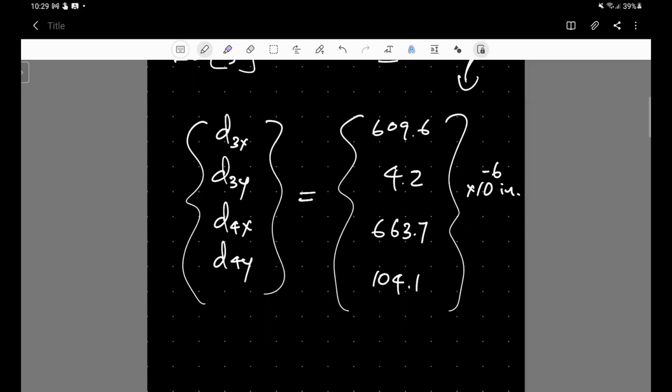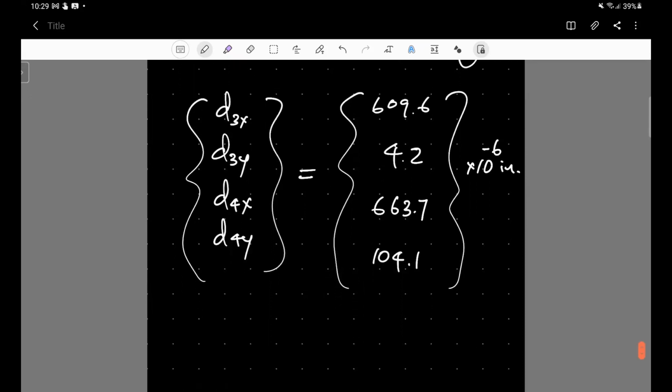So these are the displacements which you would get if you carefully solve the matrices, the displacements of node 3 and node 4. You can see, since the traction forces are acting in the x direction, there's a significant displacement in the x direction, in both the third and the fourth nodes.